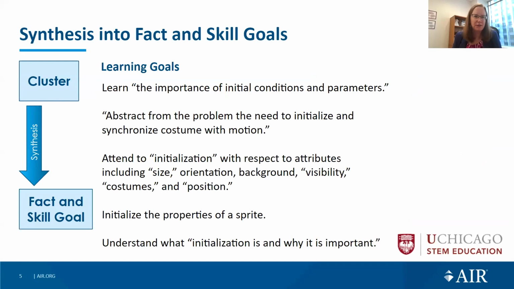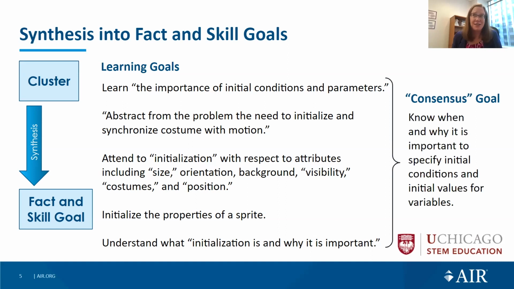So just to give you a brief example of what that looked like, these were 5 learning goals from the variables cluster that ended up together in a consensus goal about initialization. So you see they're all related, but they have sort of different flavors. Learn the importance of initialization, abstract the need for initialization, attend to initialization, not clear exactly what attend means, initialize the properties of sprite, so actually do it.